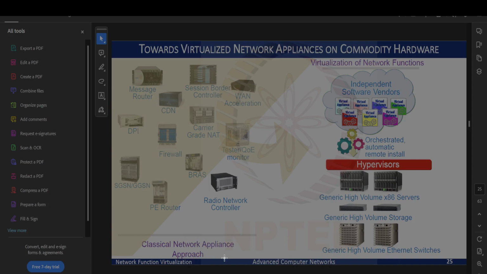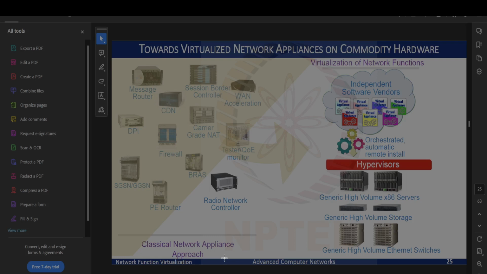Now, how it will work is, we have something called hypervisors. Here we will have the hardware, the CPUs, the memory, high volume storage. We will have commodity storage and hardware, and the hypervisor will take care of virtualizing the available actual hardware resources and providing them to the upstream virtual machines.